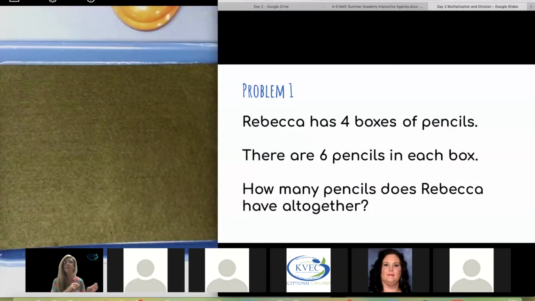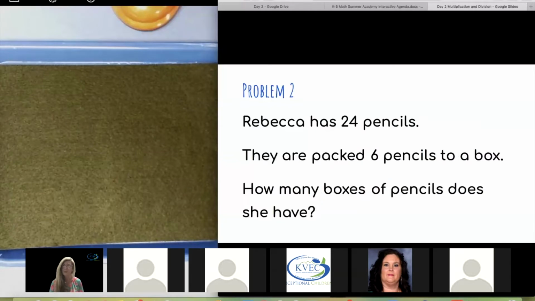Not only do we know the groups, but we know how many are in each group. Right. So we know the number of groups and we know the number in each group. So in this problem, we're trying to find out the total, right? We're trying to find out how many altogether. So the result is unknown in this one. Remember from yesterday, with the results are unknown. All right, let's look at the next problem.